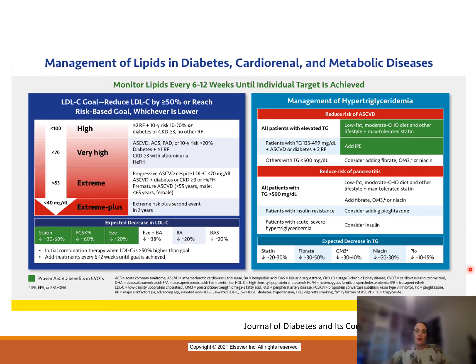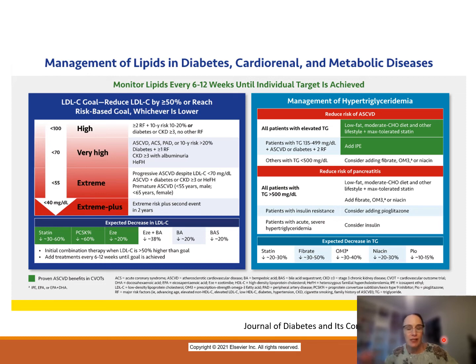The other thing I don't know that we take seriously enough is management of hypertriglyceridemia. There's now some data showing that fish oil, like icosapent ethyl (IPE) fish oil, a highly purified form of a marine-derived omega-3 fatty acid known to reduce triglycerides.